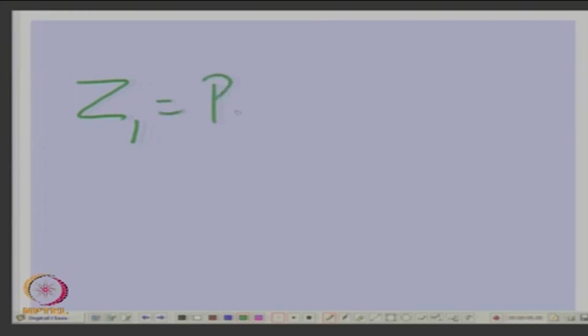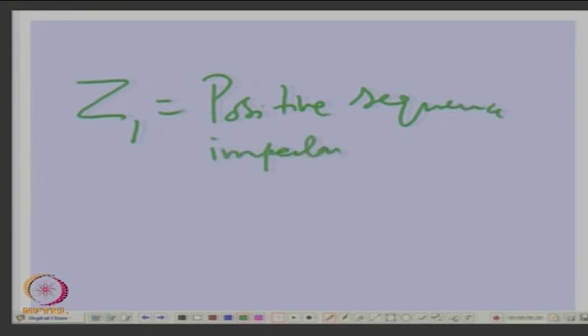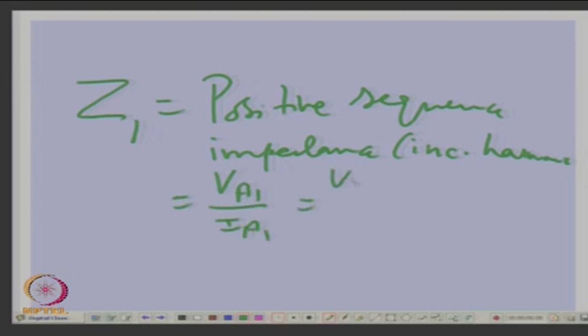So, we can define Z1 as the positive sequence impedance which includes harmonics and is defined as VA1 by IA1, which is also equal to VB1 by IB1 equal to VC1 by IC1. Is it okay?